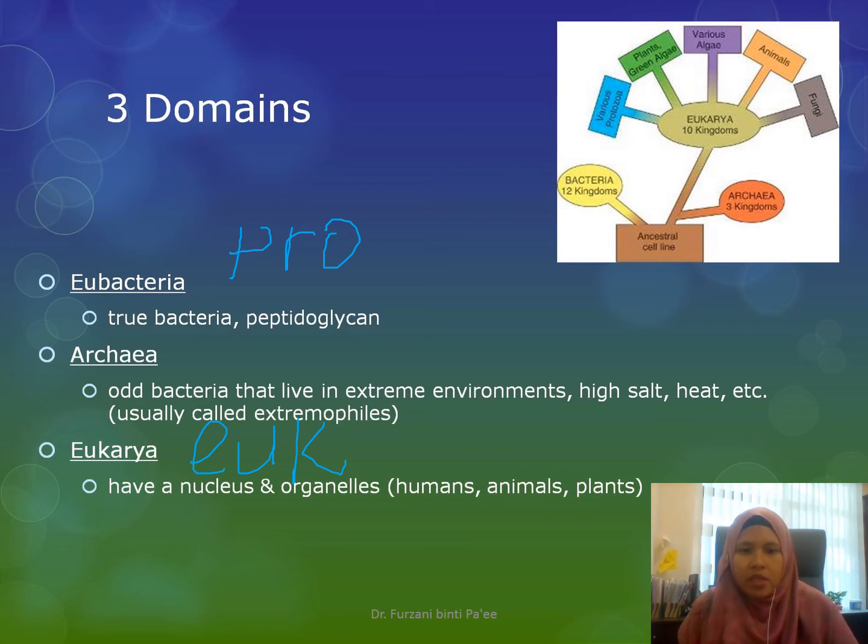They can live in extreme environments, and sometimes we call them the extremophiles. And then the domain eukarya, they are the eukaryotes. So we know that all eukaryotic cells have a nucleus and organelles, and they can be multicellular. Okay, so it's very easy. So that's the 3 domains.